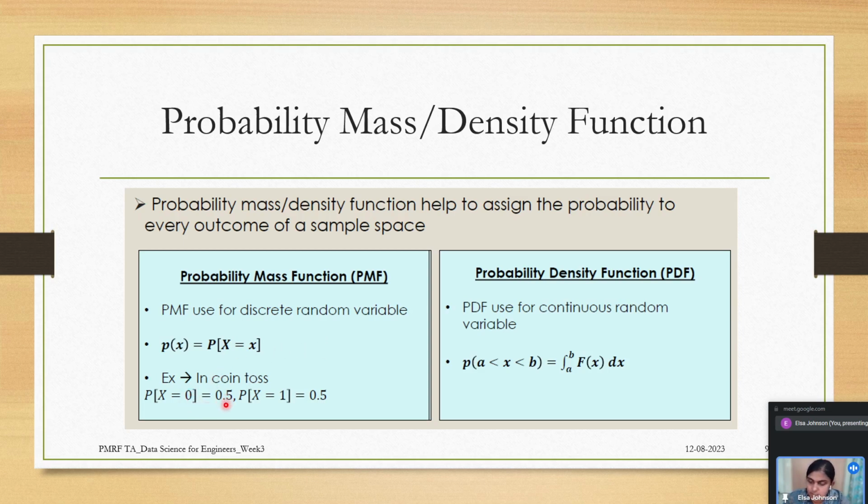Anyway, for both cases the probability is 0.5. Probability of getting a head is 0.5, probability of getting a tail is 0.5. And probability density function is given as p of a less than x less than b is equal to the integral from a to b of f of x dx.